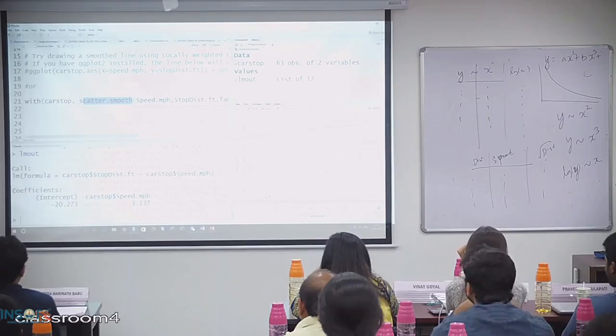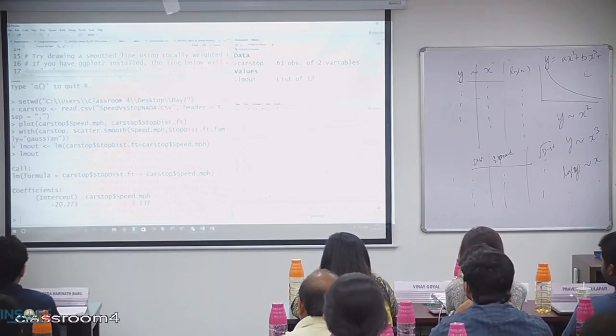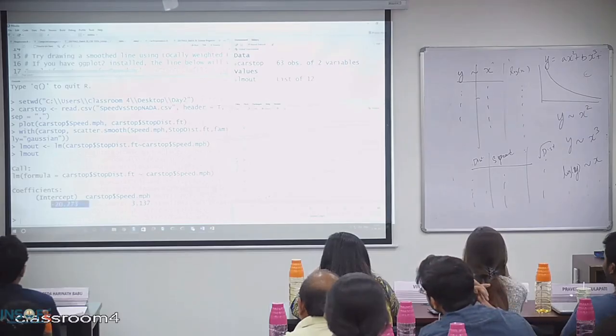Those are the outputs for the linear model. It has an intercept of minus 20 in this case.